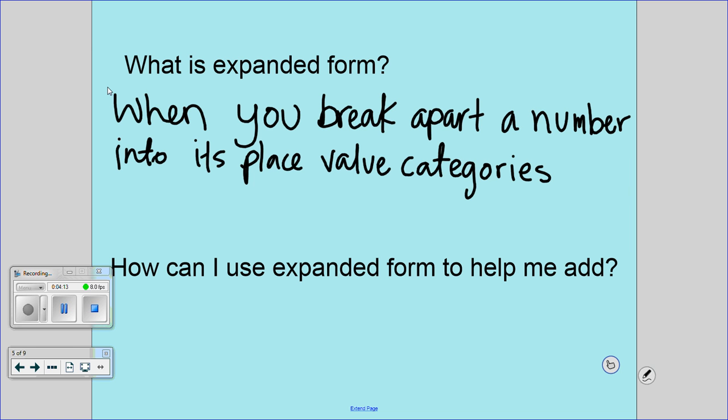And we know all about place value because we've been doing that with our place value drawings, our base 10 pictures. So breaking it into ones, tens, hundreds, thousands, 10,000s, 100,000s, and then finally the all favorite millions.